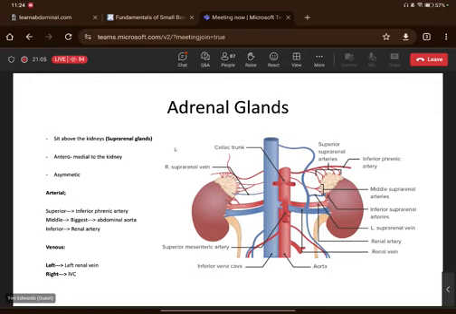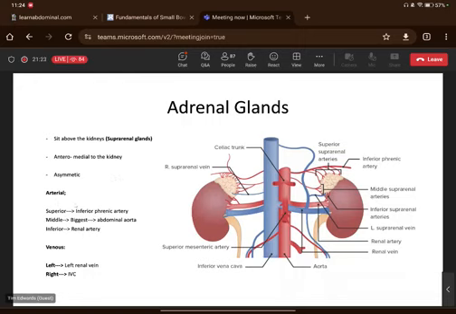So moving on to the adrenal glands, so they sit above the kidneys, which is why they also have the other name suprarenal glands. They generally sit anteromedially to the kidneys, and they're asymmetrical in their appearance.